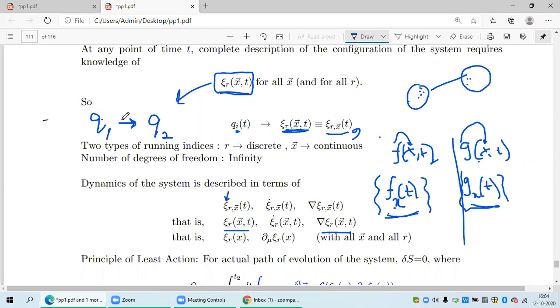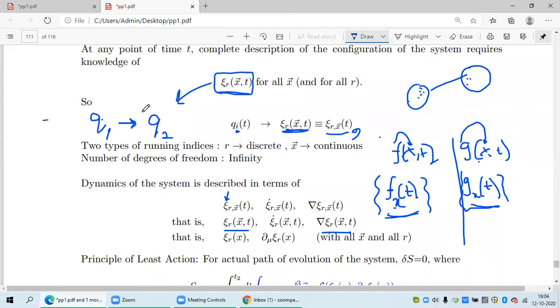Like if it is a central force problem, one is theta, one is phi. Theta and phi are two angles which have different geometric interpretations in your visualization. Clear? So if you want to see the difference between theta and phi, or any two generalized coordinates, how does that difference arise? That difference is there in the configuration of the system.